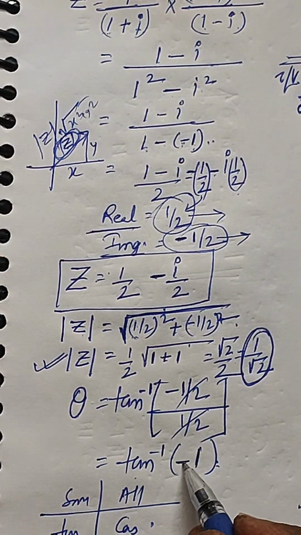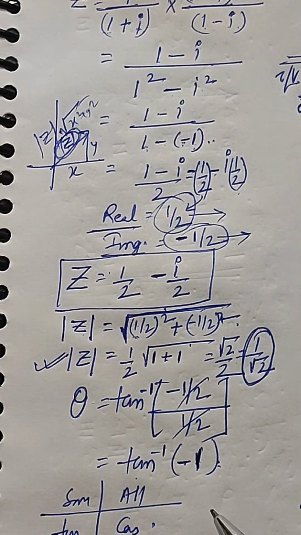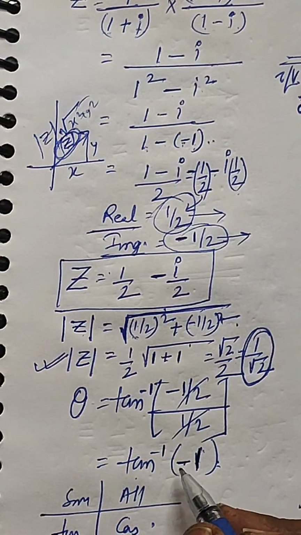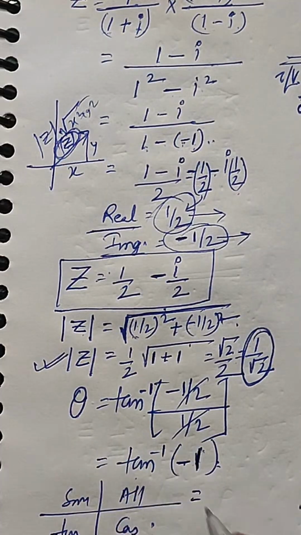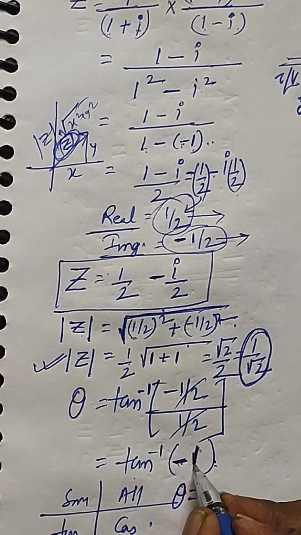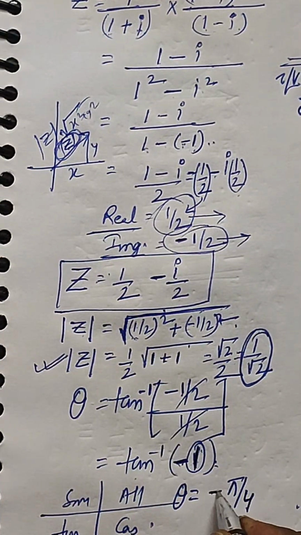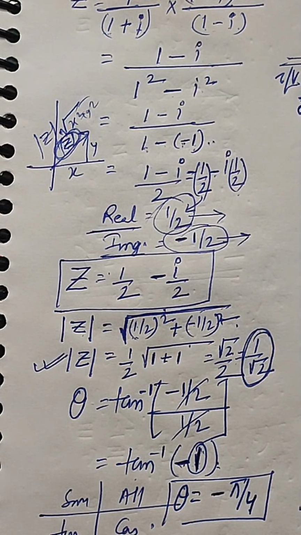So tan will be minus 1, and 1 is the value for 45 degrees, so it is pi by 4, but there is a minus, so it is not theta equal to pi by 4, it will be minus pi by 4, right? So this will be the argument. The argument of z is minus pi by 4, right?